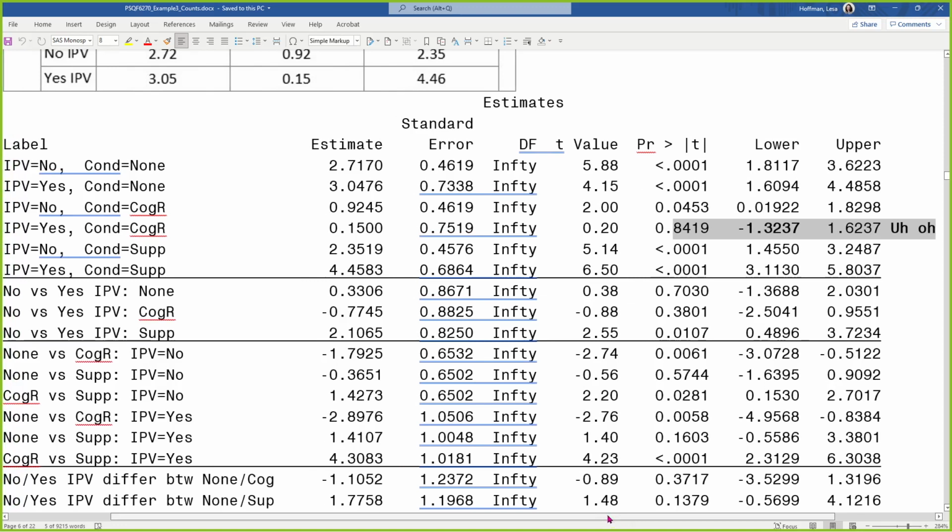Why might I have written uh-oh right there? I'm on page 6. What's wrong with this line? Standard error. Yeah, what's wrong with the standard error? It's very high.